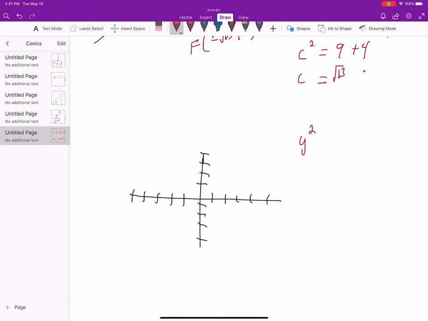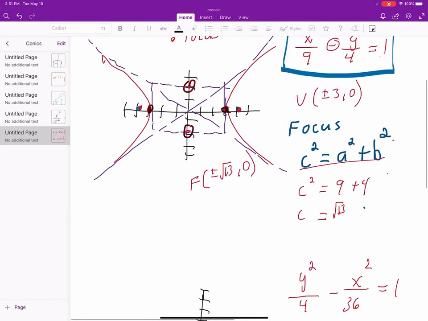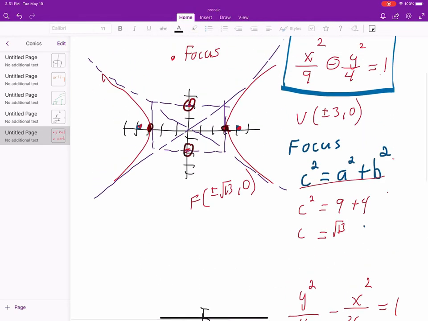y squared over 4 minus x squared over 36 equals 1. All right. One thing I forgot to mention. I'm going to scoot back up. These slanty things, the diagonals, what do those represent? I hope you said asymptotes, because that's what those are.